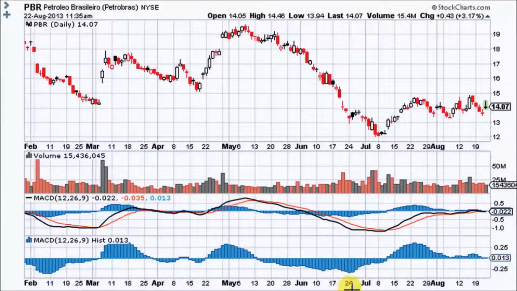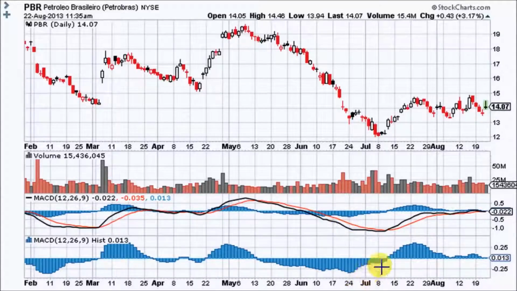So here's another one. This is a rising MACD histogram while the stock is falling. That is a bullish divergence. And the histogram goes positive above zero when the MACD crosses back up through its signal line. The reason I like to load the histogram only is because it's the one that gives you early warning.